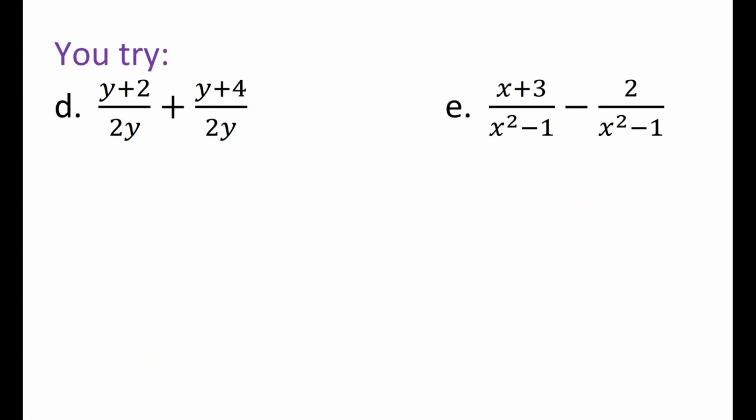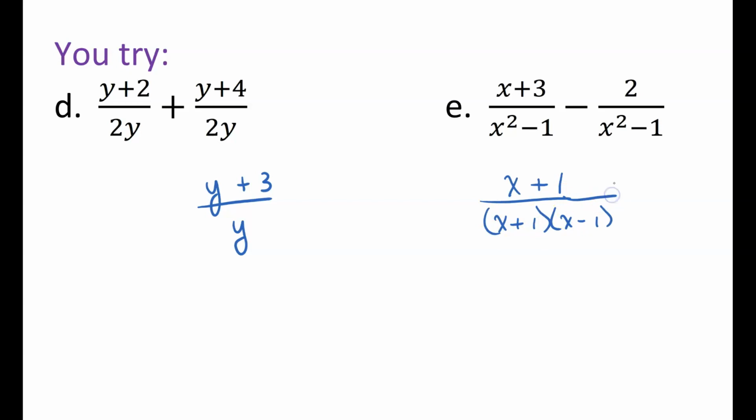All right, so looks like we did pretty good on these. This one here came out to y plus 3 over y. And this one here is awesome. Most of you realized that once you got to this, you were able to factor this down so that you can divide those out.